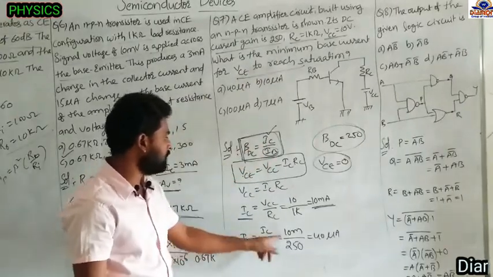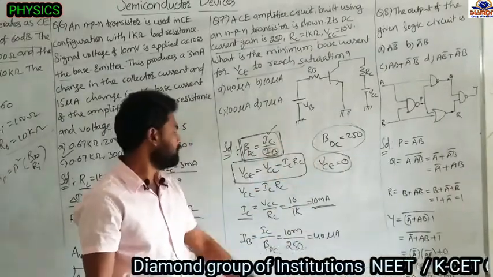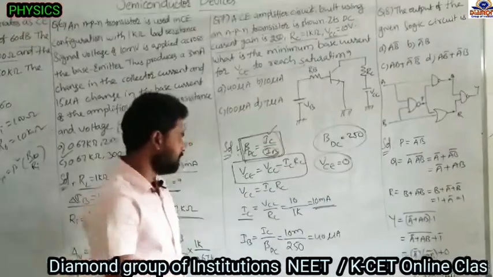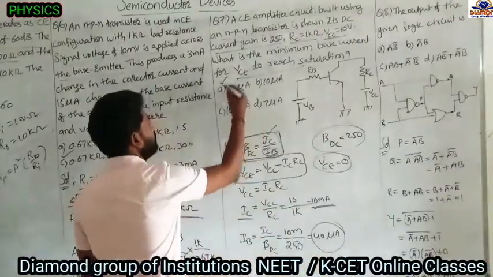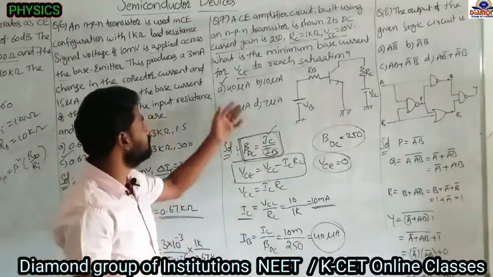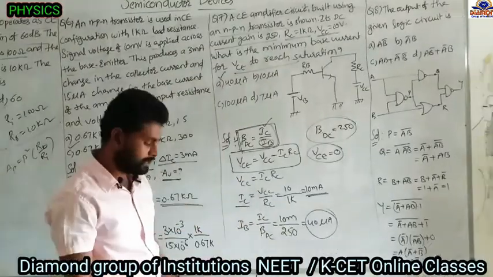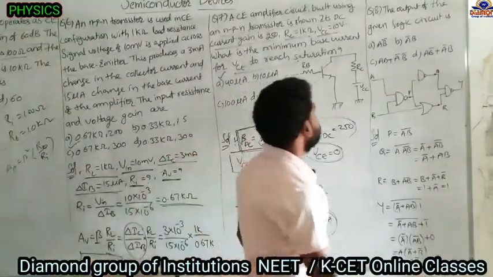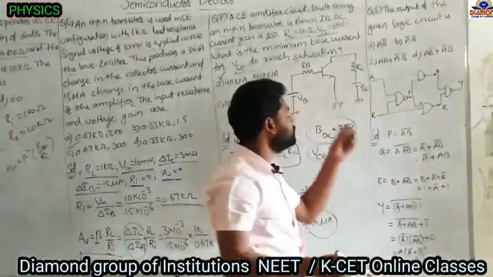IC is 10 milliamperes, beta is 250. Substitute and simplify, and we get 40 microamperes. So 40 microamperes is the right answer. If they ask to reach saturation, take VCE equal to 0. Remember this problem.